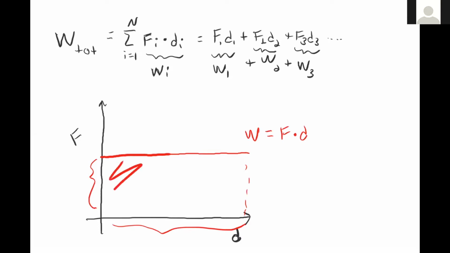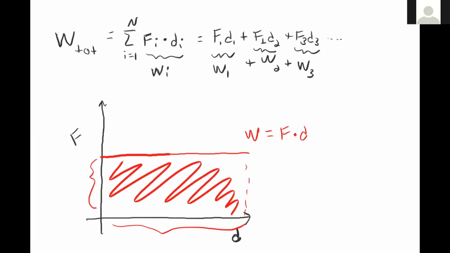And look at what we have here. We have an area that's the shape of a rectangle that has a height of F and a length of D. So when we're finding the work, we're finding the area underneath the curve of a force versus distance graph. Here we have the force on the vertical axis, D on the horizontal axis.